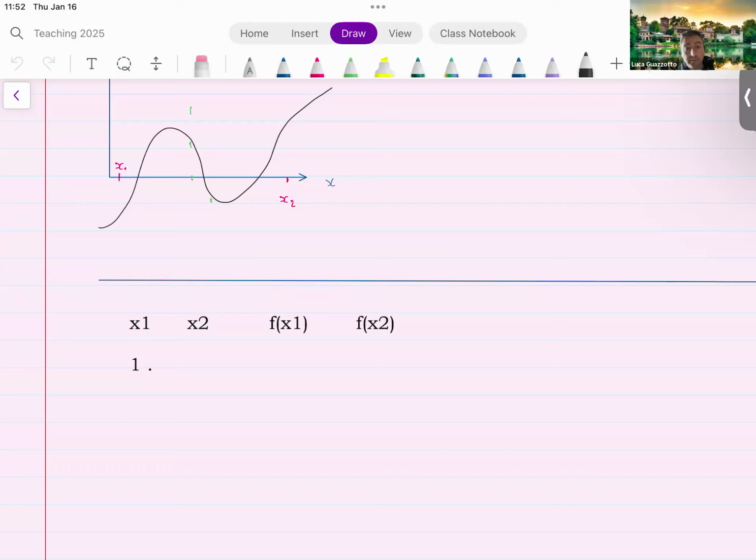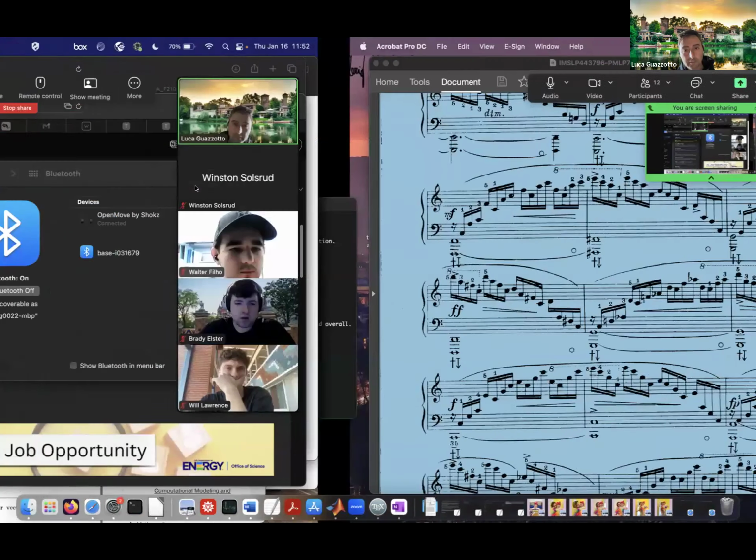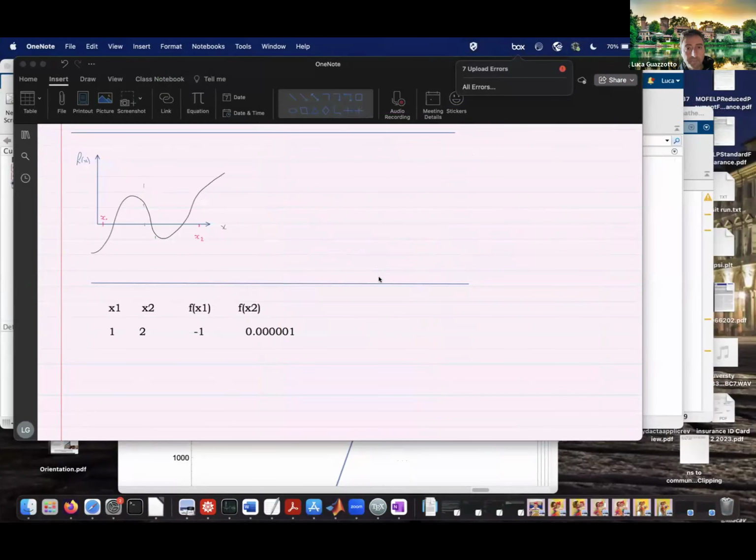So what the bisection method will say here is, well, the function is positive at point 2, negative at point 1.